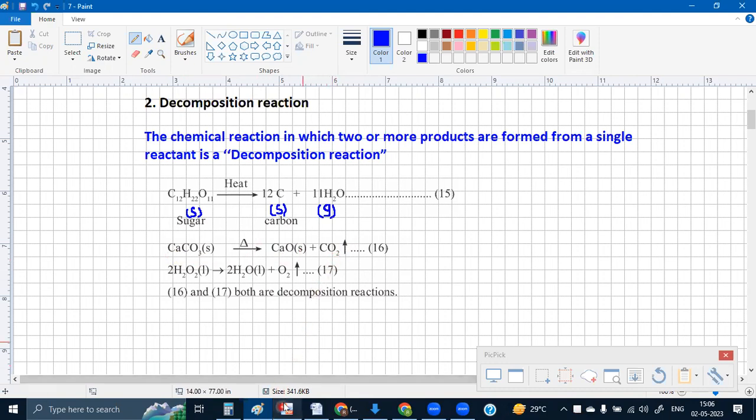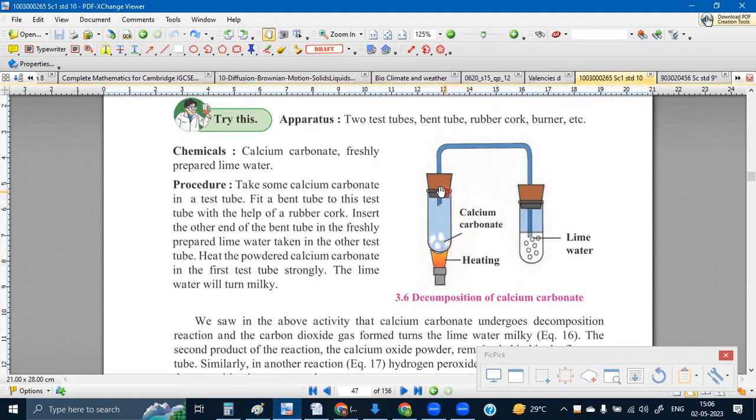Now the apparatus that we are looking at over here, a test tube is there in which calcium carbonate is present and heating is carried out. Obviously, the calcium oxide solid is going to remain here in this test tube only. But the carbon dioxide gas, with the help of the delivery tube, this inverted U tube which you are seeing, is called the delivery tube. We are going to pass it through lime water.